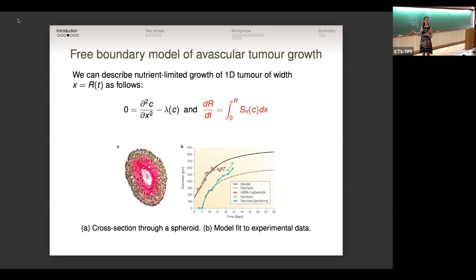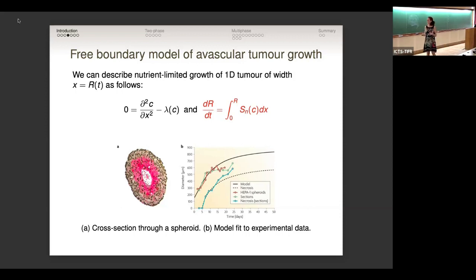Does that make sense? Okay, so we have a diffusion equation, which is defined on the domain from x equals 0 to x equals R. R is a function of time. R evolves according to this integral differential equation. So it's a slightly weird, non-standard type of PDE, and this is part of the reason why a lot of analysts have been interested in trying to analyze existence, uniqueness, etc., properties of these types of equations.